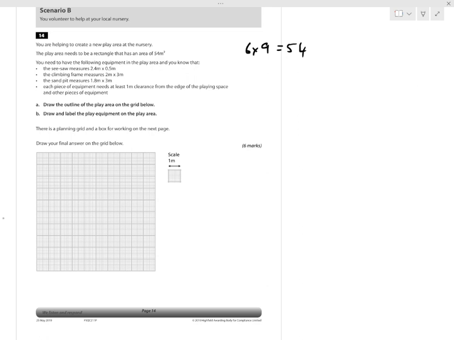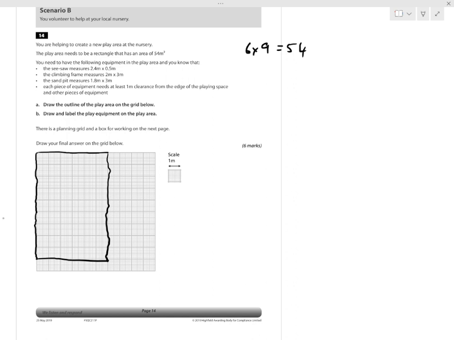Draw the outline of the play area on the grid below. So you want 6 by 9. 1 metre. So 1, 2, 3, 4, 5, 6. And 1, 2, 3, 4, 5, 6, 7, 8, 9. There's 6 by 9.